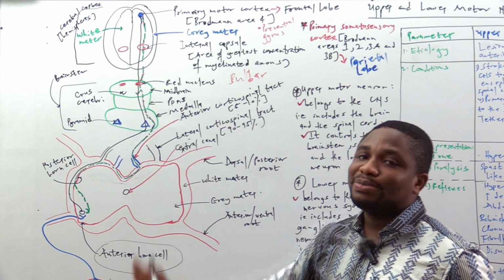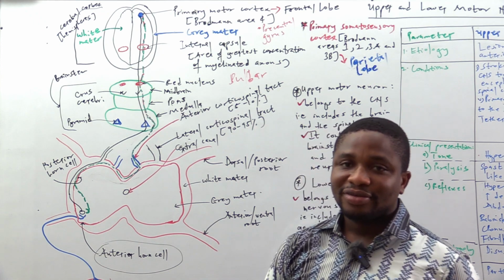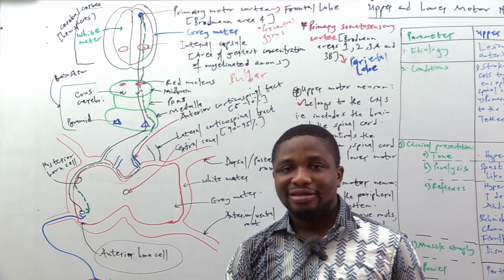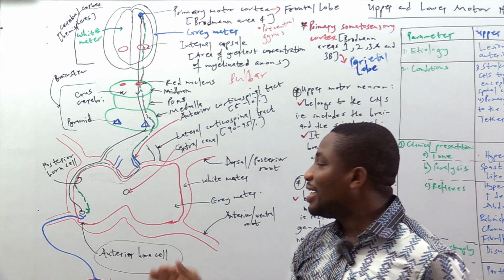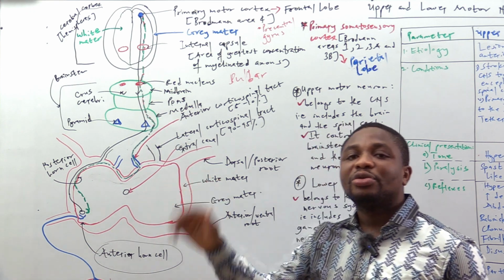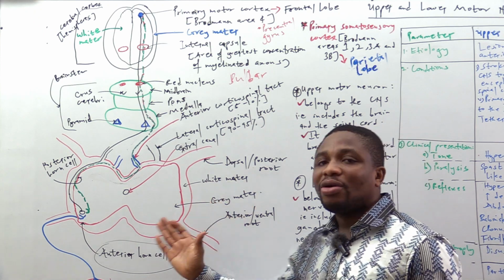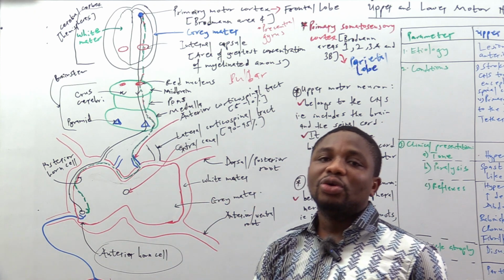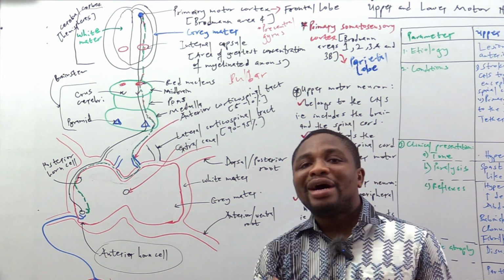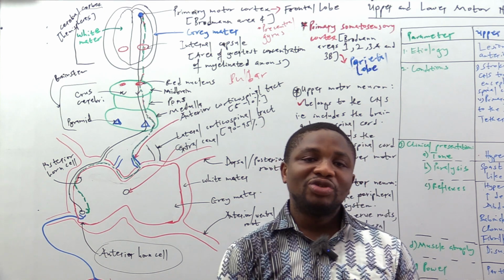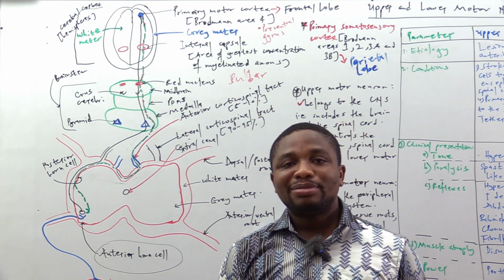Then again, if you look at the spinal cord, the internal layer is the composite of the brain, meaning that the internal layer will be described as what? Gray matter, and the external or outer layer will be known as what? The white matter. Why? Because wherever myelinated axons are concentrated, we will have the white matter.